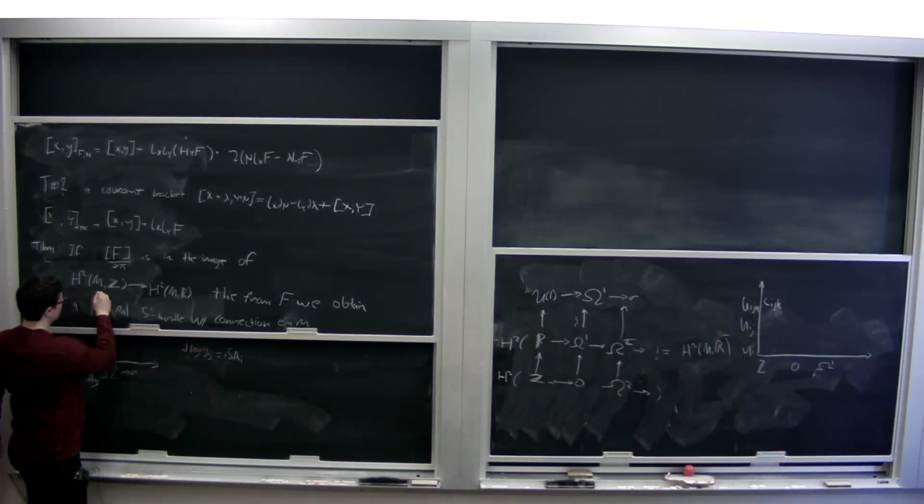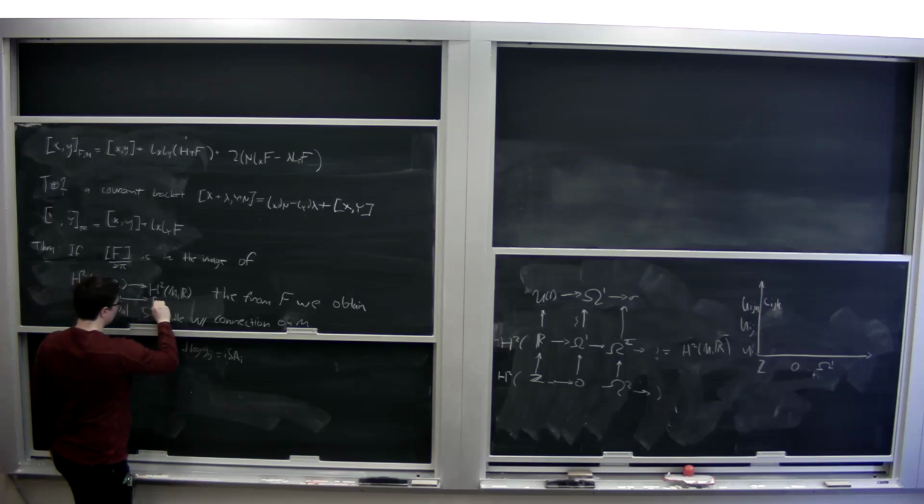Well, I'll write this explicitly by saying c_ijk gets mapped to the class of F over 2 pi.